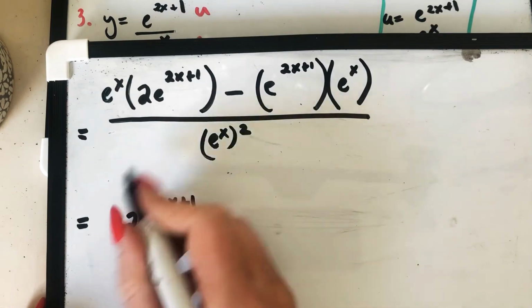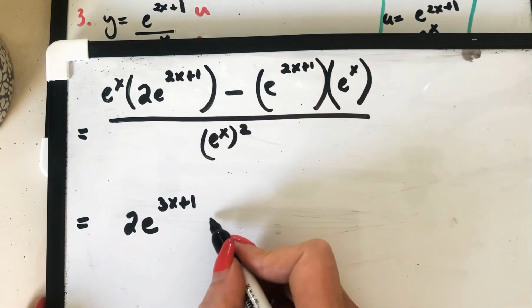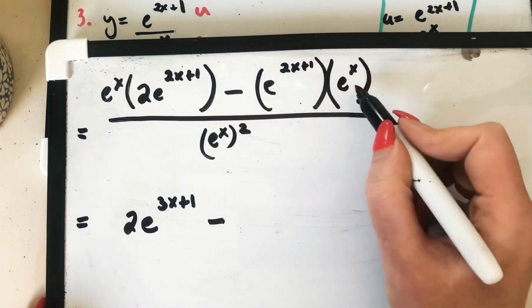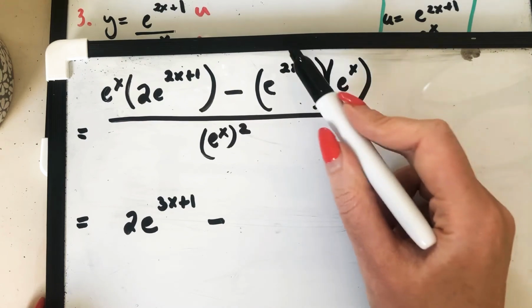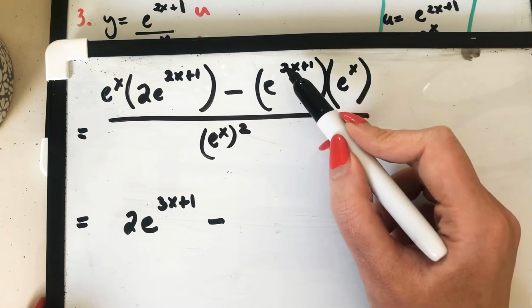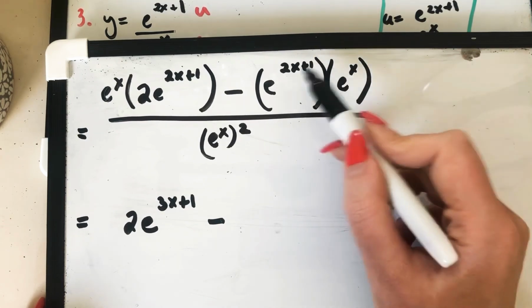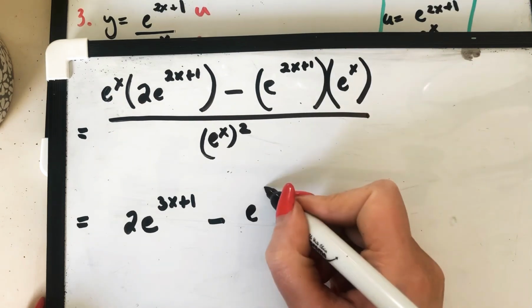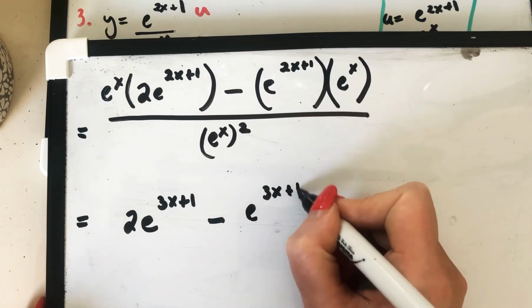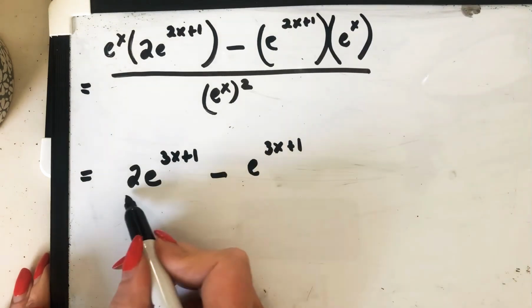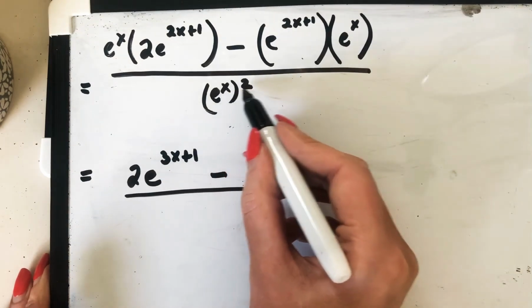That's that part dealt with. Now we've got our negative sign, so bring it with us. And going over here, we're multiplying our 2 exponentials with our powers, so we add the powers. So 2x and x is 3x plus 1. All over e to the x, all squared.